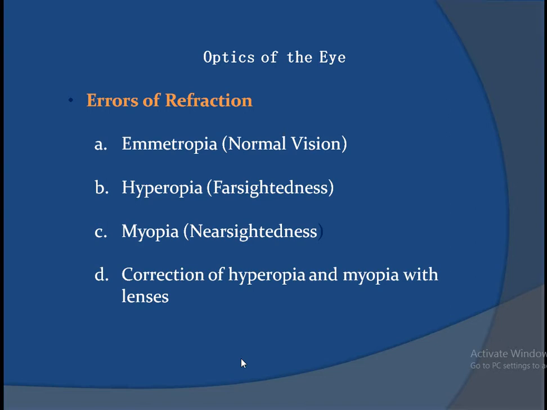Myopia, nearsightedness, and correction of these refractive errors. I will discuss all these in detail, especially myopia, as most of the students, medical students especially, have this problem. So I will discuss this topic in more detail as compared to the other refractive errors.